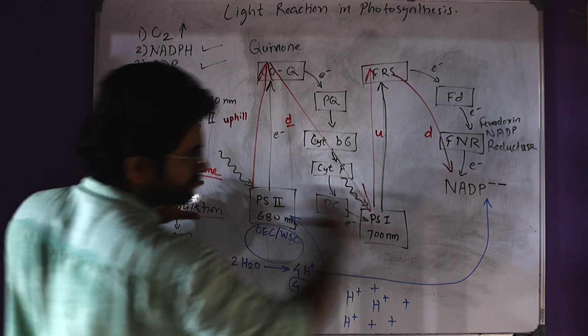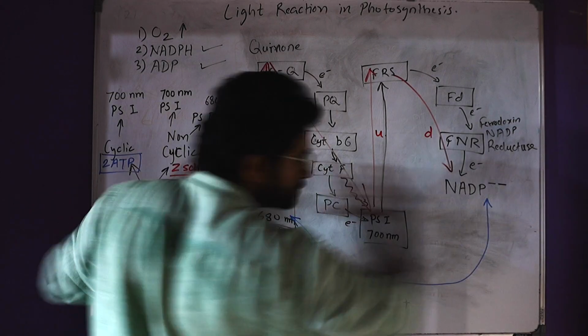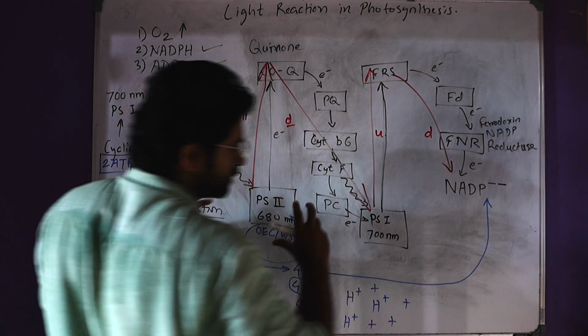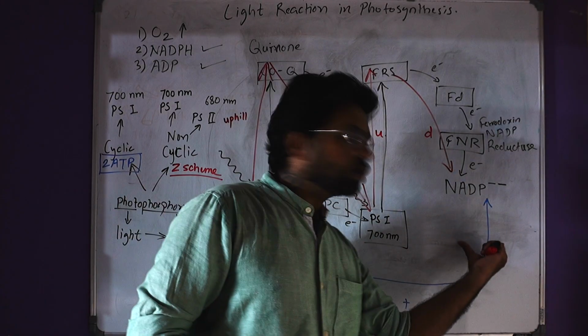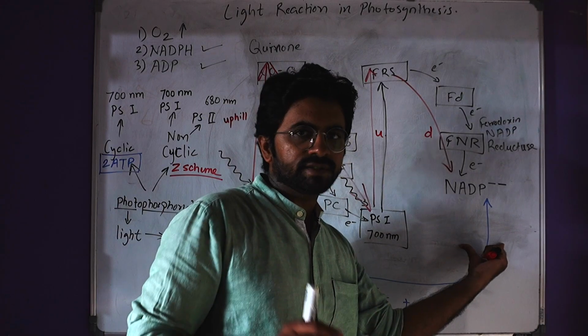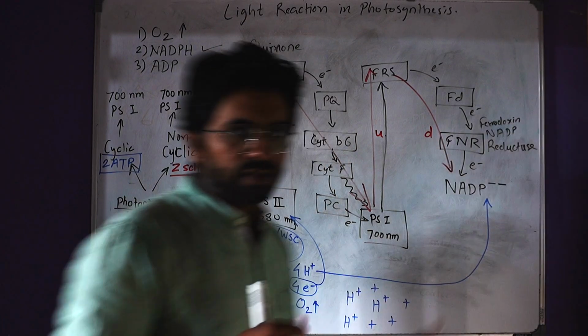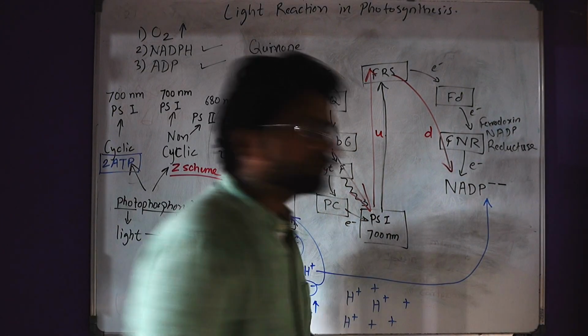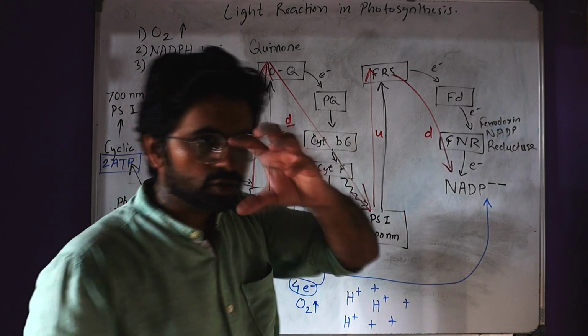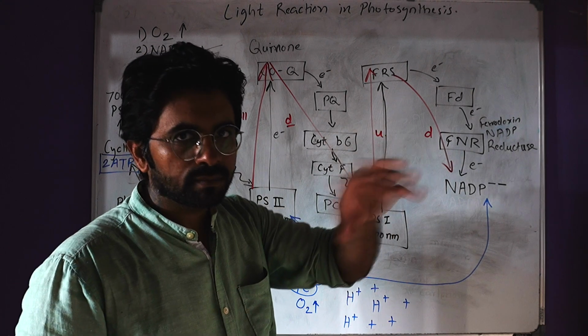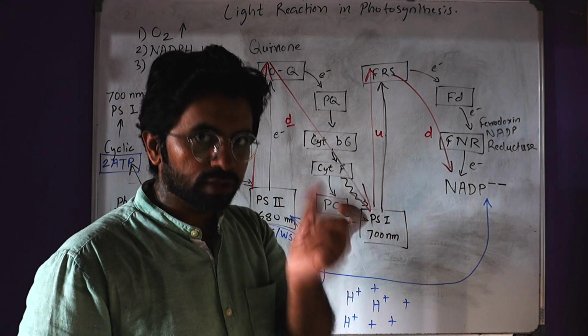Now these photosystems are placed on the membrane, and on the same membrane there is something called ATP synthase, which is formed of two subunits, F0 and F1. I will draw it later when I show you the whole membrane, then I will tell you how it looks.